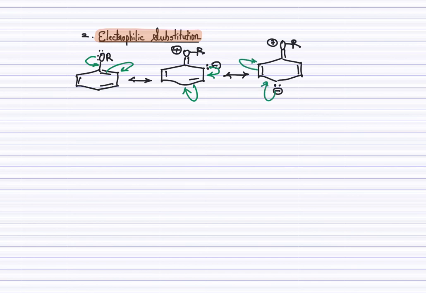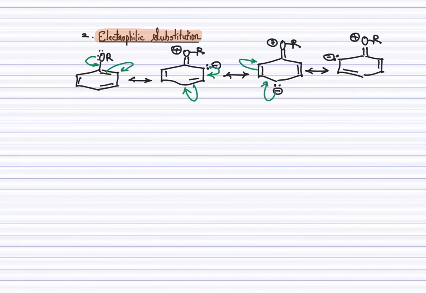So basically, if you properly understand this, there are two things you can infer from this. One, you find that the negative charge gets more accumulated on ortho and para positions.